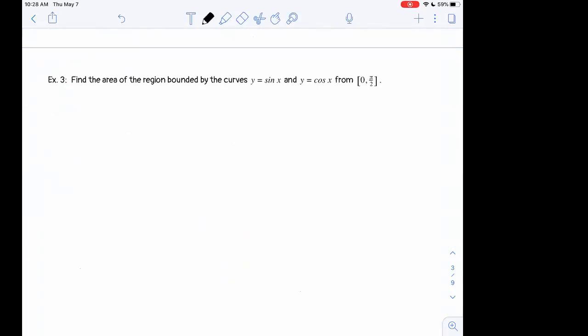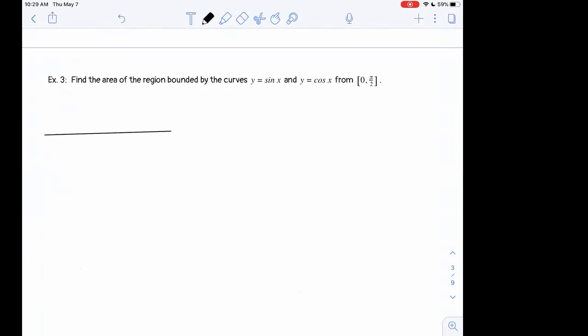Example 3 says, find the area of the region bounded by the curves y equals sine x and y equals cosine x from 0 to pi over 2. So I'm going to go ahead and draw my graph.